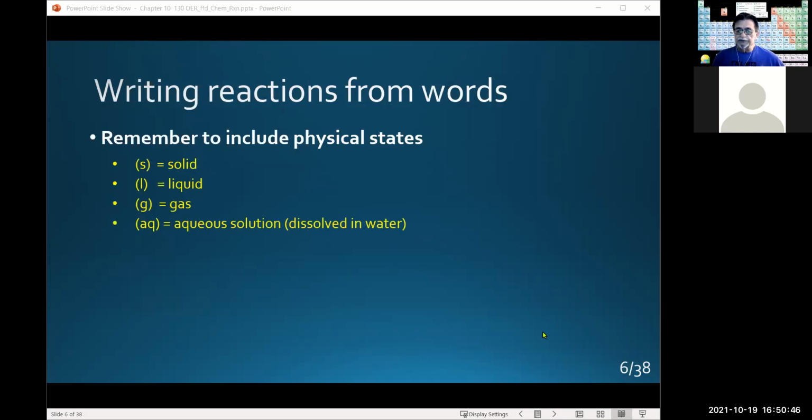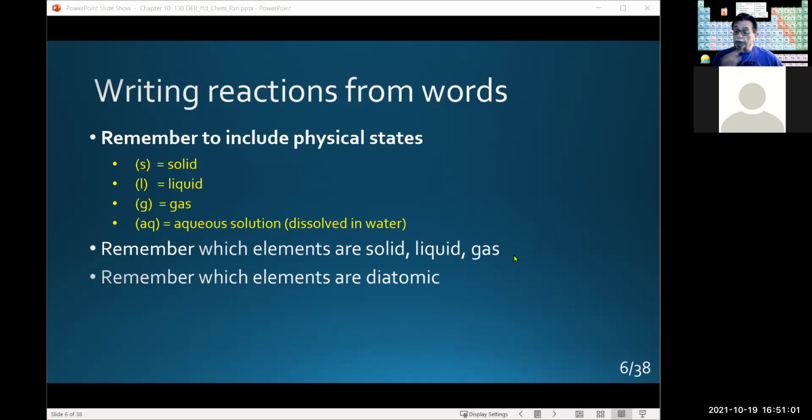Recall the physical states. We had S for solid, L for liquid, G for gas, and then aqueous solutions, put in water, are AQ. Okay. Now go back and refresh your memory with respect to the elements. Which ones are solid? Which ones are liquid? Which ones are gas? And there was a slide that showed all that.